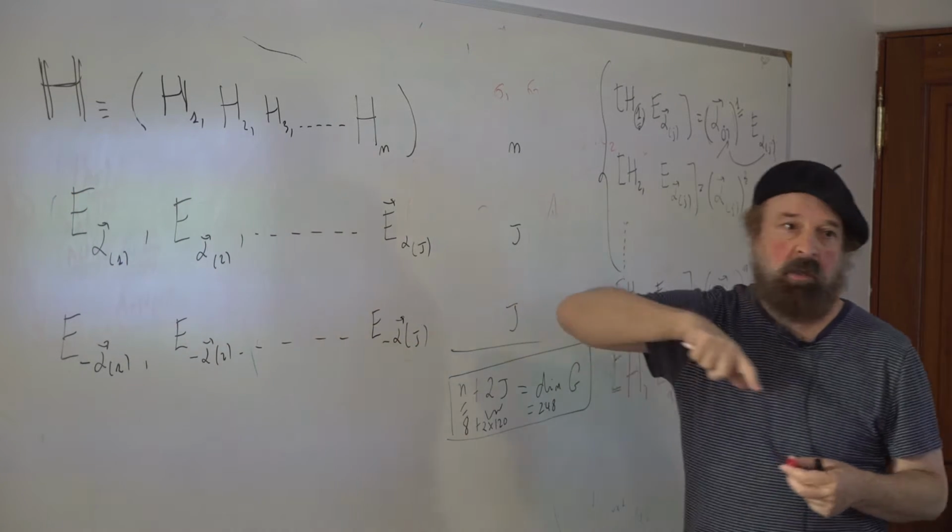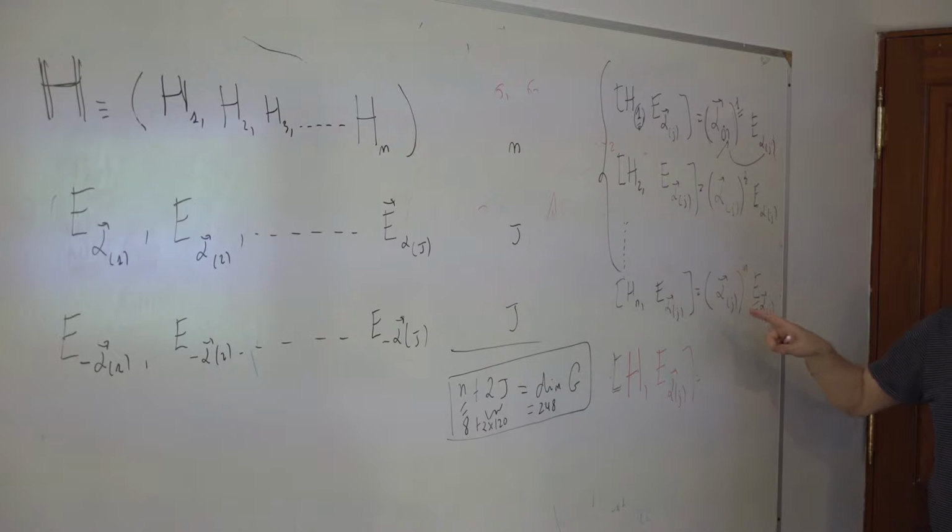So here I collect my first component, second component, n component. And this is what one means by alpha vector, E alpha, because now a vector is made out of components, 1, 2, 3, n components.